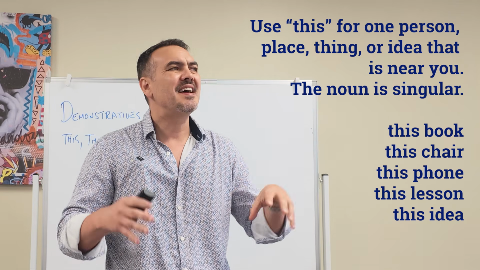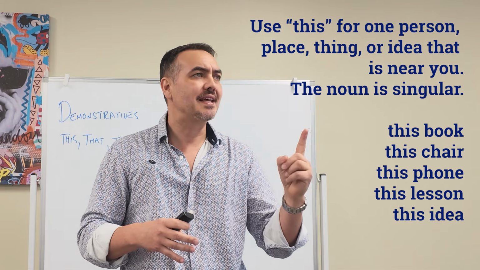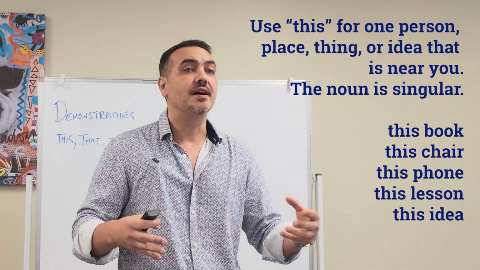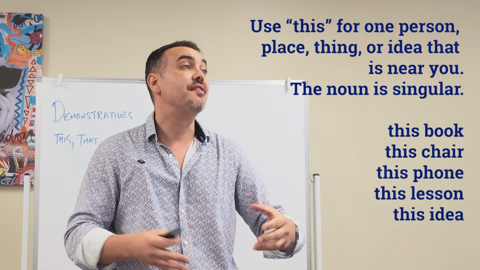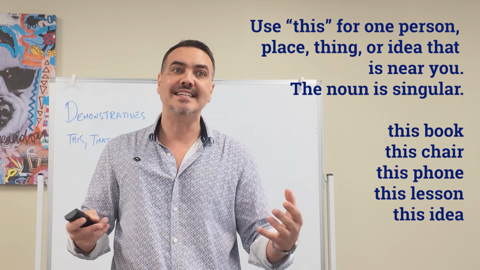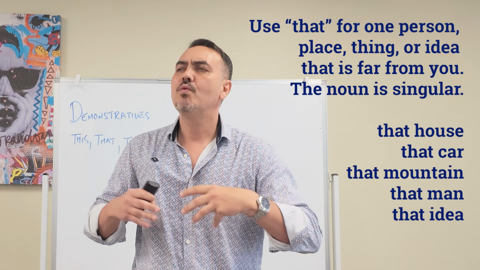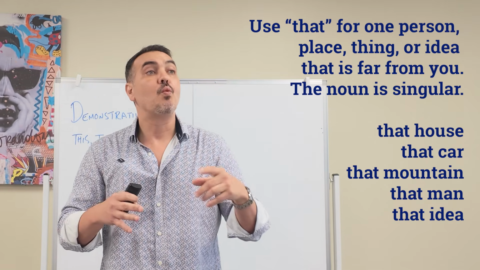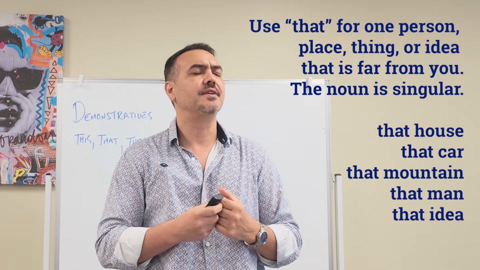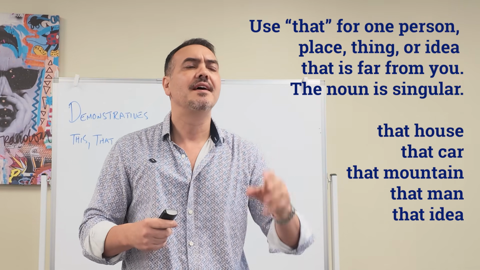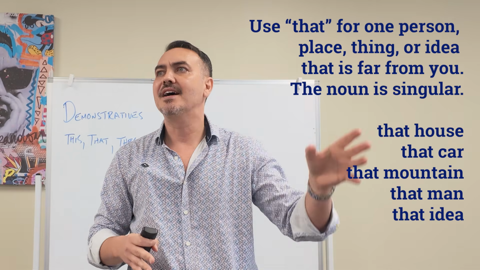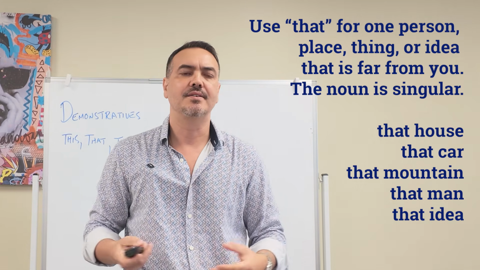So you want to use this for one person, place, thing, or idea that is near you, like this book, this chair, this phone, this lesson, or this idea. And you want to use that for one person, place, thing, or idea that is far from you. So you could say something like that house, that car, that mountain, that man, or that idea, okay?